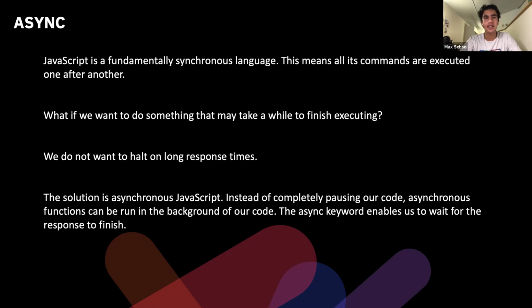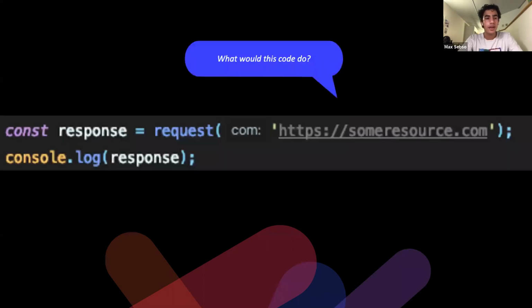Let's just take a second and look at an example. So right now, this is just an example in code. We have a request that we are making to, let's just say, a random address on the internet. It may take a while for data to come back. And we want to then console.log this response. What will happen with this code right now?